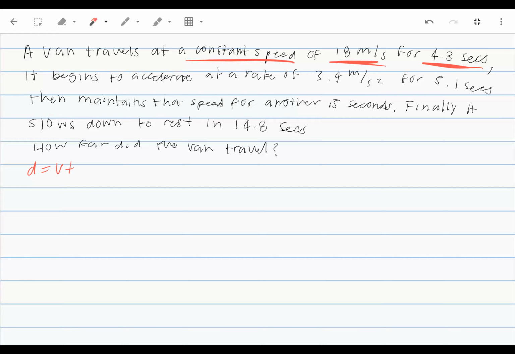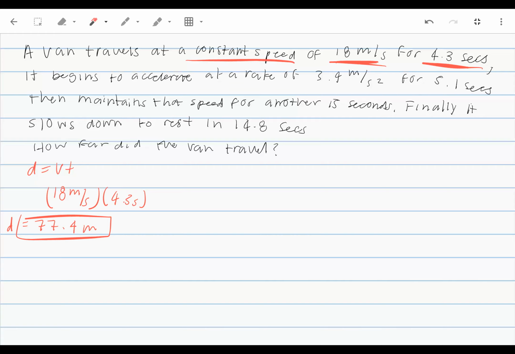So your velocity is going to be 18 meters per second times 4.3. Your total distance is going to be 77.4 meters. Keep that distance handy because we will need to add it all up.